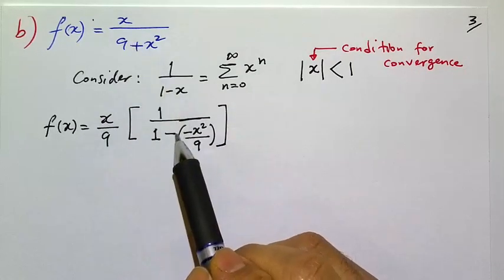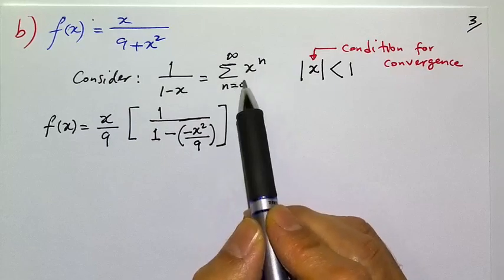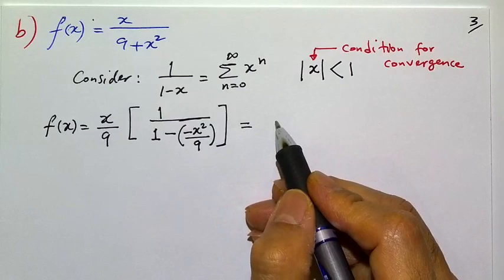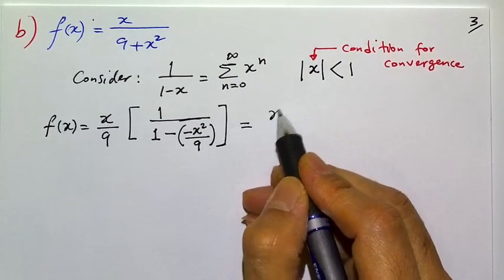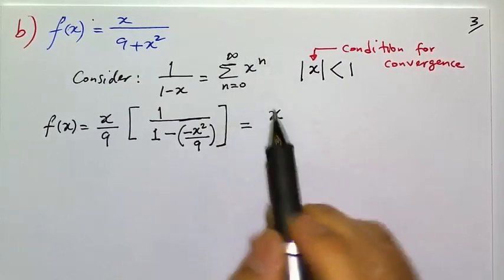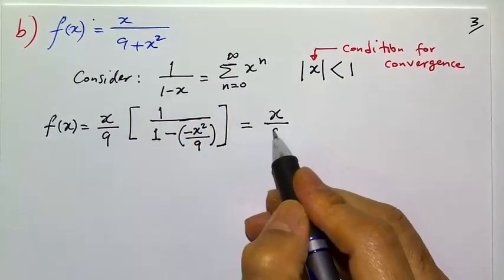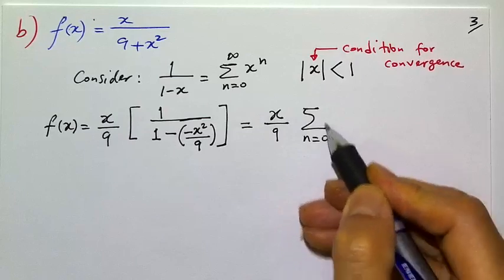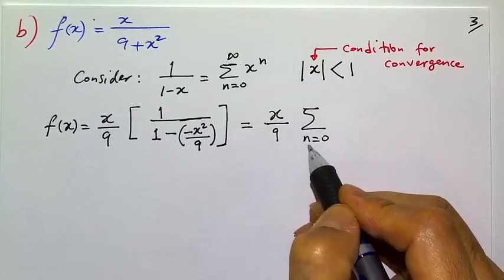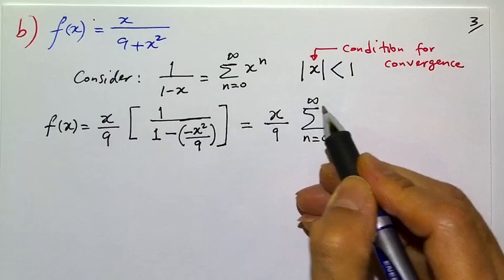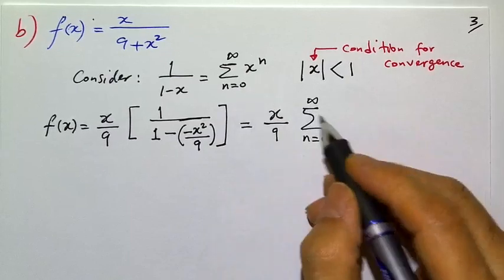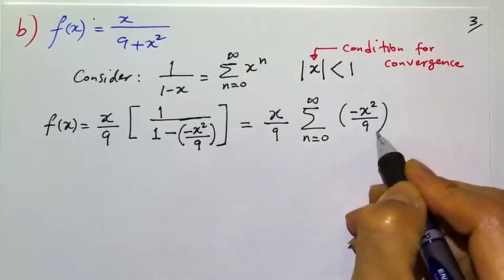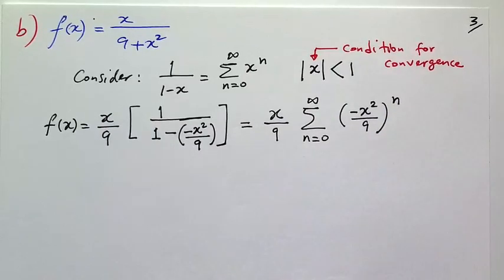So we have to include that in front of the power series. So then, therefore, we have x over 9, and I'm going to write the power series for that function. So x over 9 times the series with index going from n equals 0 to infinity. Instead of x, we will put this minus x squared over 9 to n power.